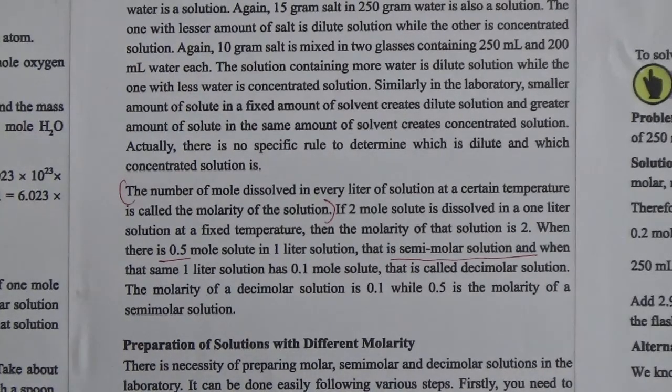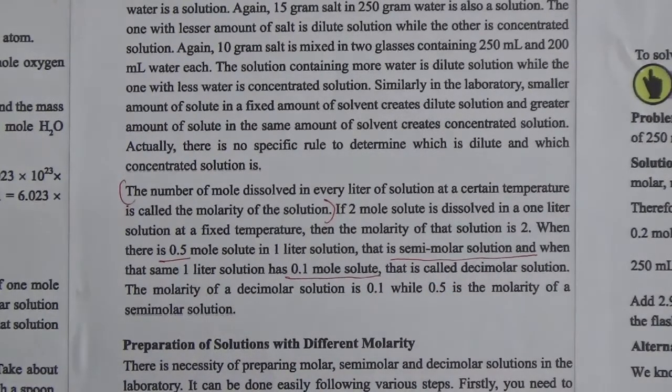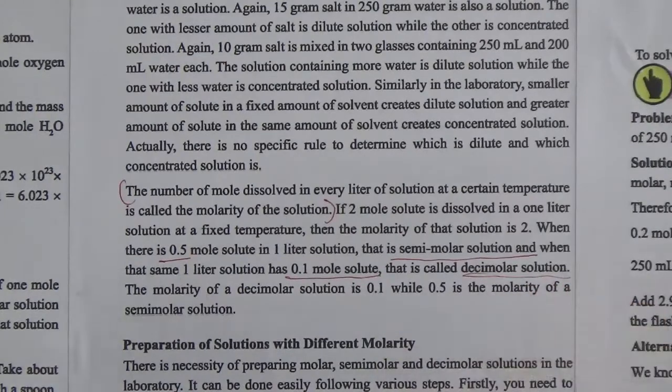And if 0.1 mole of solute is dissolved in 1 liter of solution, that is known as a decimolar solution. I am saying again, 0.5 mole of solute dissolved in 1 liter of solution is known as a semimolar solution, and 0.1 mole of solute dissolved in 1 liter of solution is known as a decimolar solution.